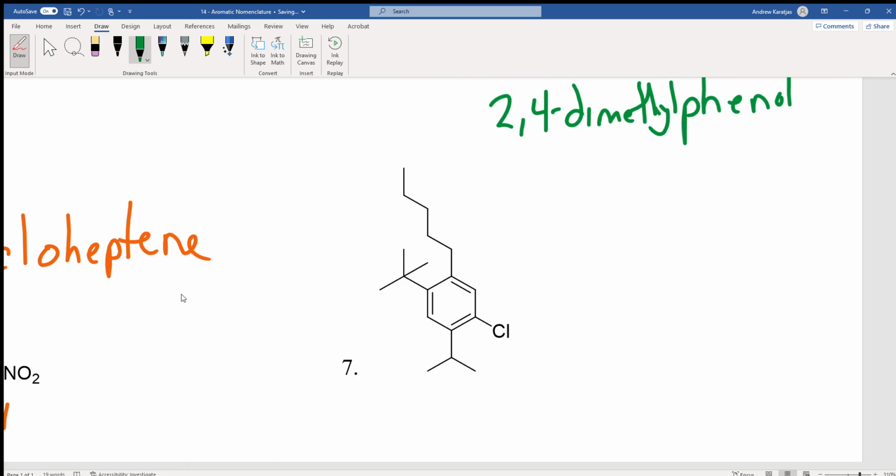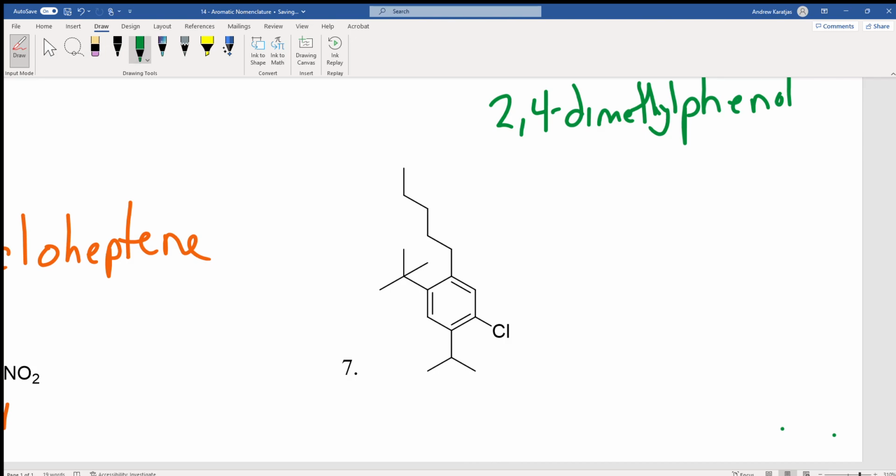This last one, we actually don't have a common name to use as our parent, so it's just going to be benzene. And we'll erase that because I've not left myself with enough room here.